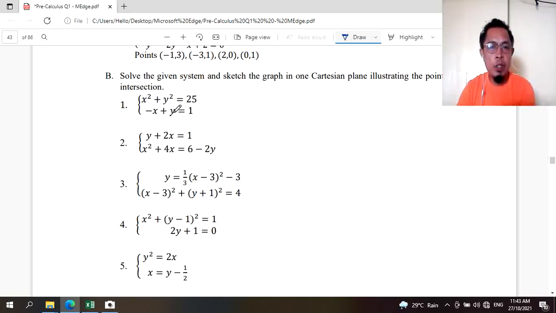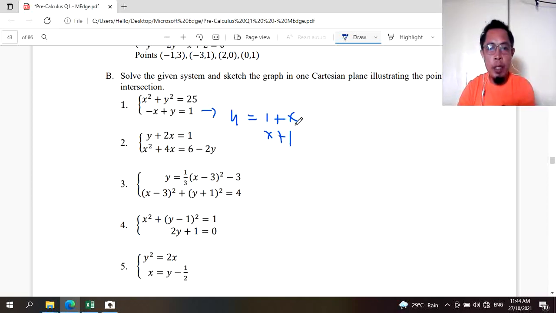Negative x plus y equals 1 is a line. So we work on the second equation. We can rewrite that as y equals 1, moving over to the other side, plus x. So 1 plus x, or x plus 1.